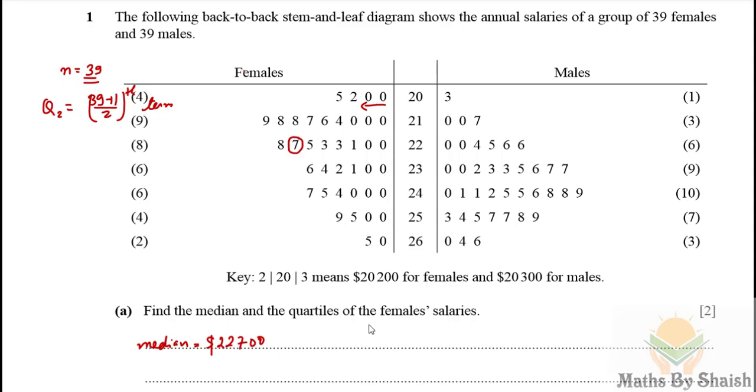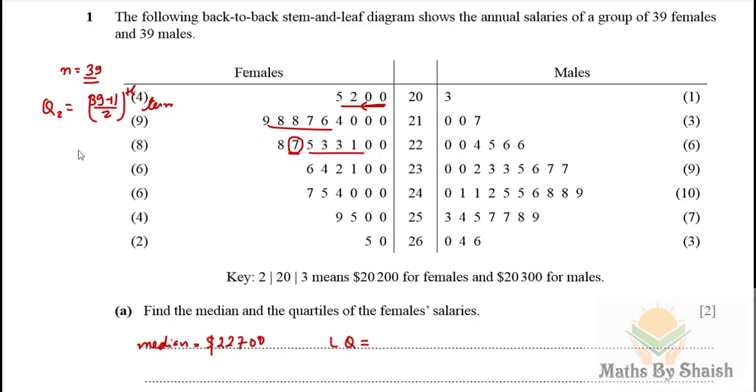And now we'll calculate Q1, that is the lower quartile. The lower quartile means the median of the lower half. If this value is the 20th value, we have 19 values remaining here. So the lower quartile would be the mid value of that 19. It means (19 plus 1) over 2, that is the 10th value.